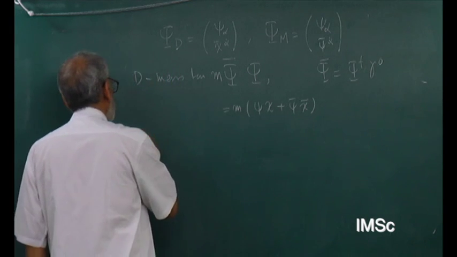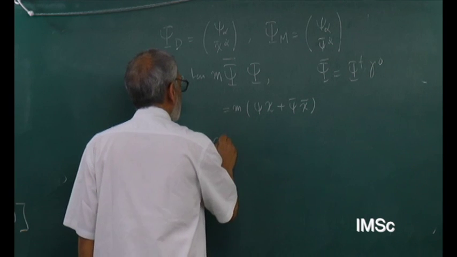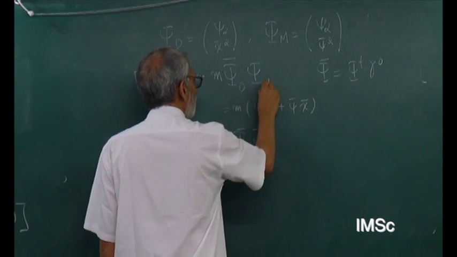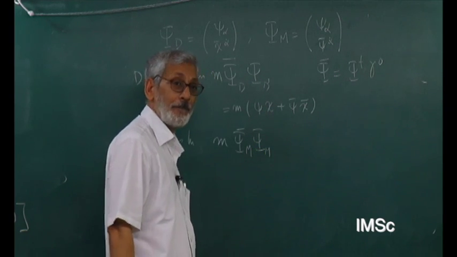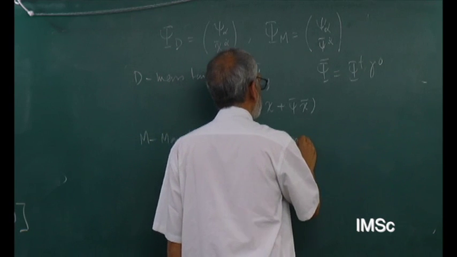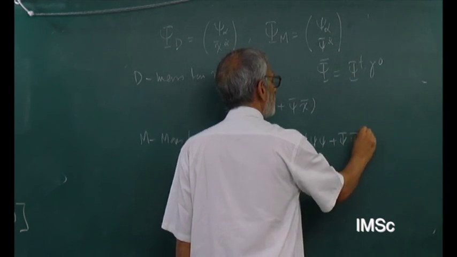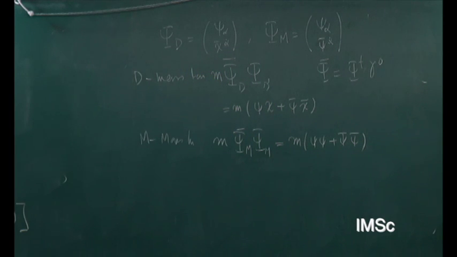A Majorana mass term you write the same way, except this was Dirac, but now write it with M, because chi and psi are the same. Is that clear?